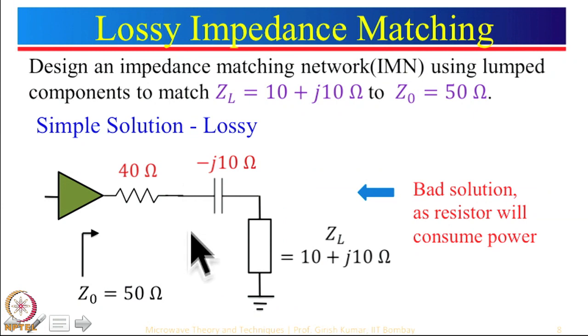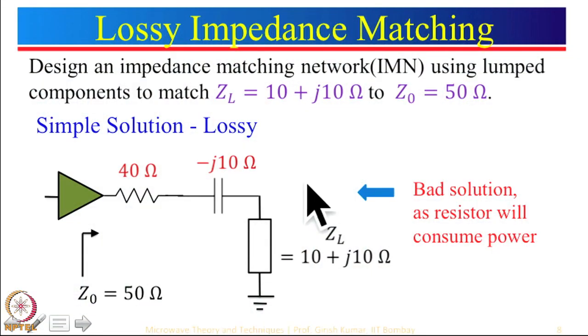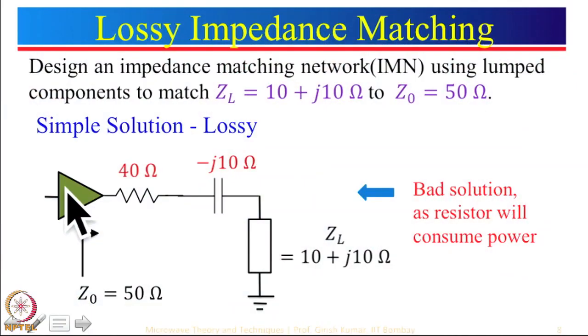Capacitors are generally represented by a parallel resistor, but that parallel resistor value is in general greater than 10 kilo ohm or even 100 kilo ohm, so the parallel resistor can be ignored. So, most of the time inductors and capacitors are relatively lossless. Let us now see how we can do lossless impedance matching so that maximum power transfer takes place from here to here.